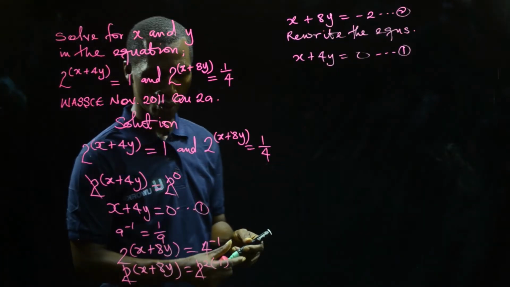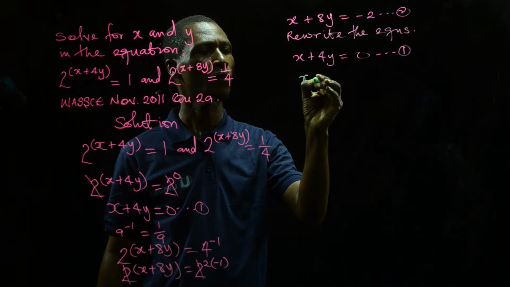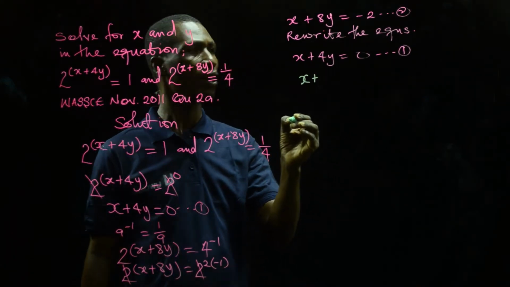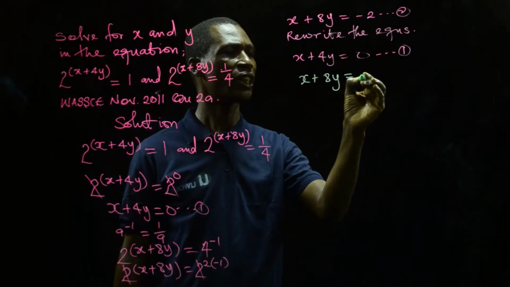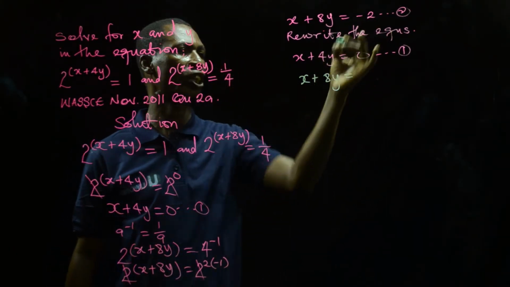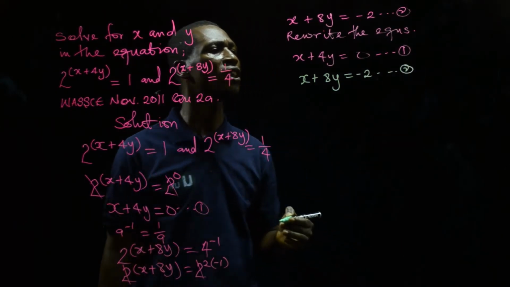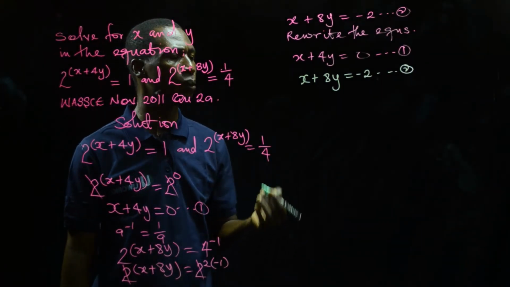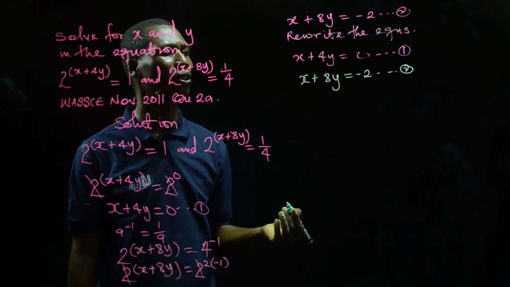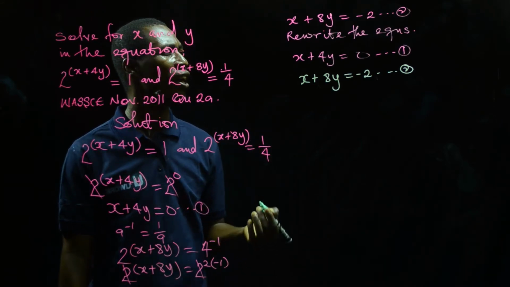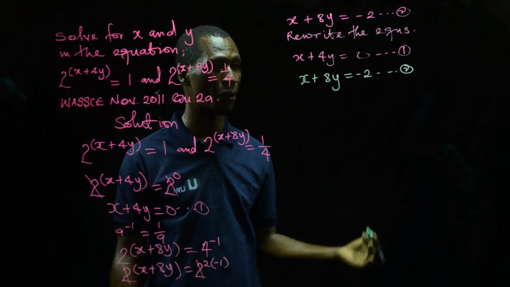And equation 2 is x plus 8y equals negative 2. This is equation 2. So now, whichever method we are using, let us use the substitution method. You can use the elimination method, whichever method, the graphical solution, addition, or whatever method.